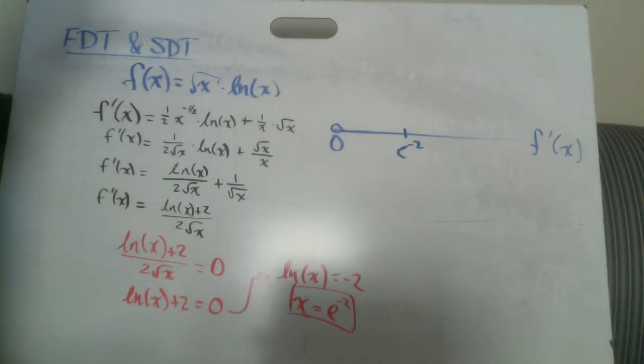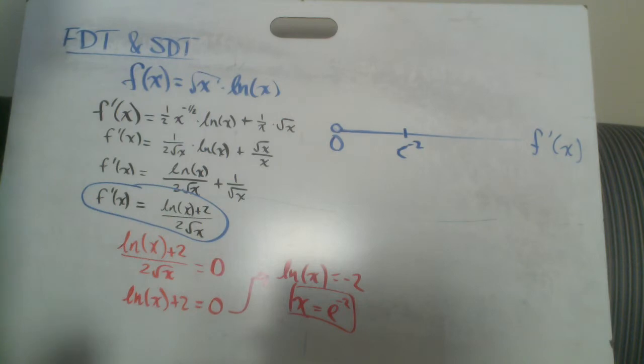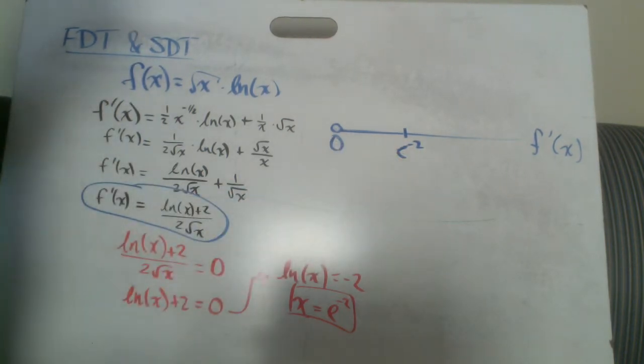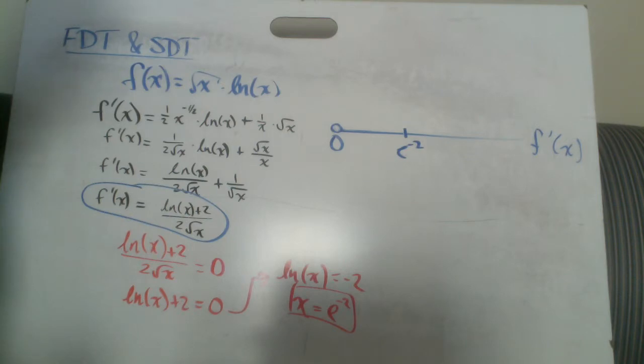So let's think for a second here. Here's our derivative expression. I can pick a value in between 0 and e to the negative 2nd. Perhaps I'll pick the value e to the negative 3rd. You might be thinking that's a strange choice, but because I have a natural log in here, I want to pick a value that will give me an integer value out.